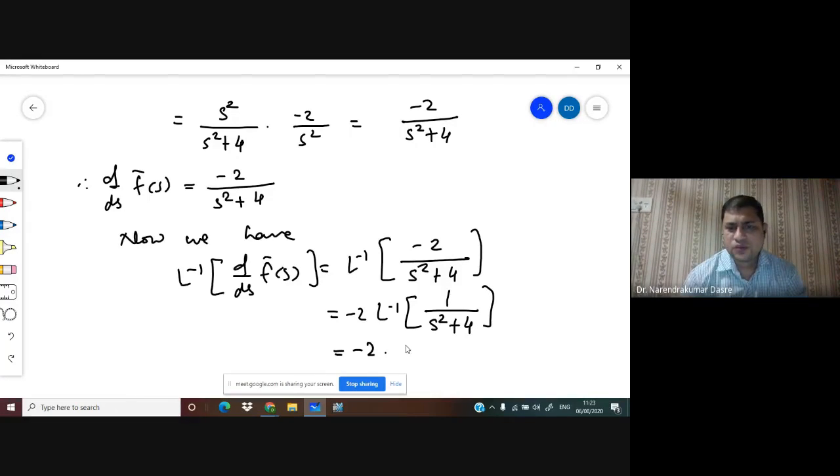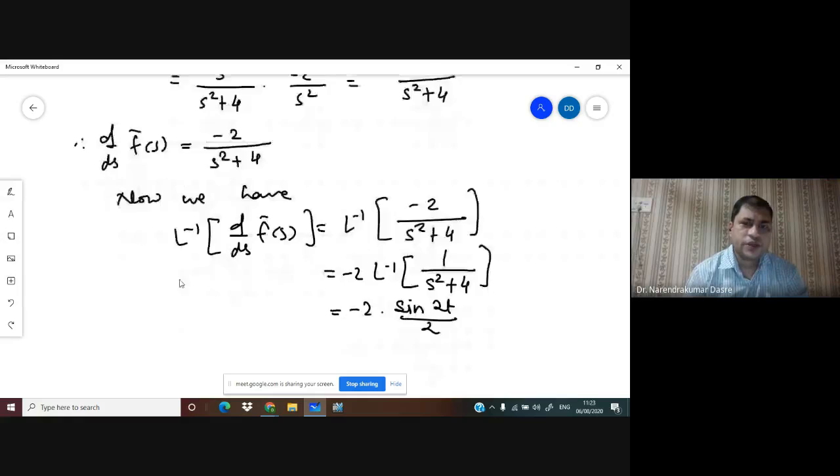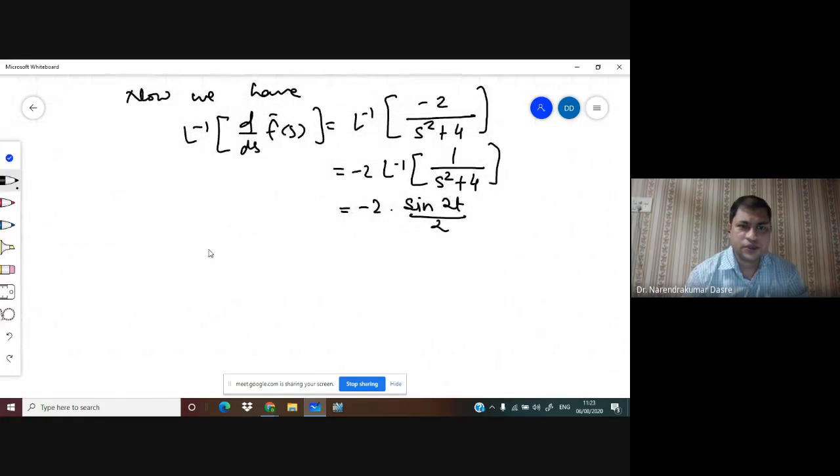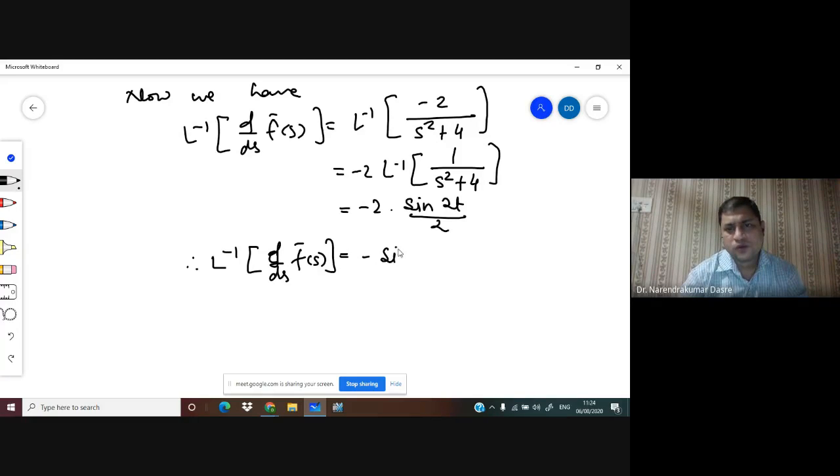So this is equal to minus 2 sine of 2t by 2. Okay, so that's what we are able to get. And hence we get Laplace inverse of d by ds of f bar of s is equal to minus sine of 2t. This 2 and this 2 get cancelled.